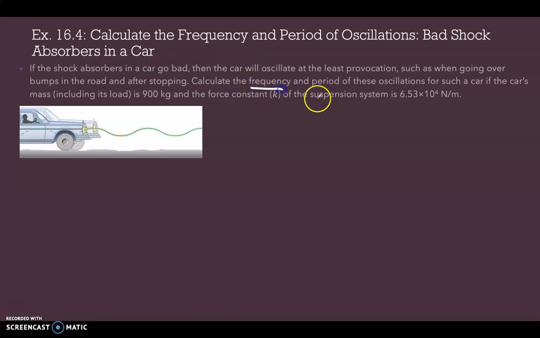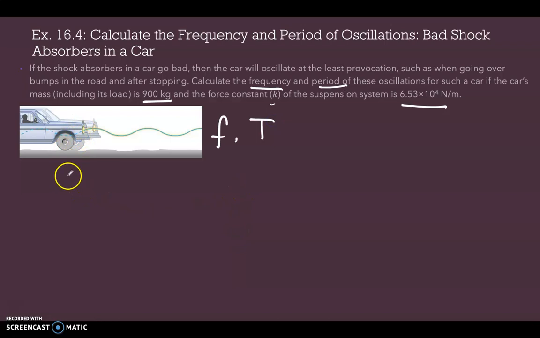Calculate the frequency and period of these oscillations for such a car if the car's mass, including the load in it, say a person, is 900 kilograms, and the force constant k of the suspension system is 6.53 times 10 to the 4th newtons per meter. So again, we want to calculate the frequency and the period.